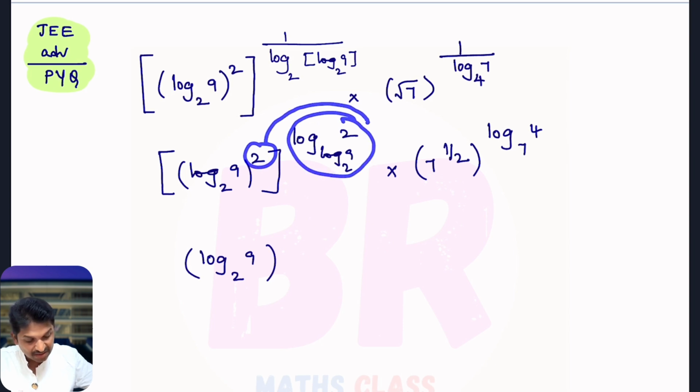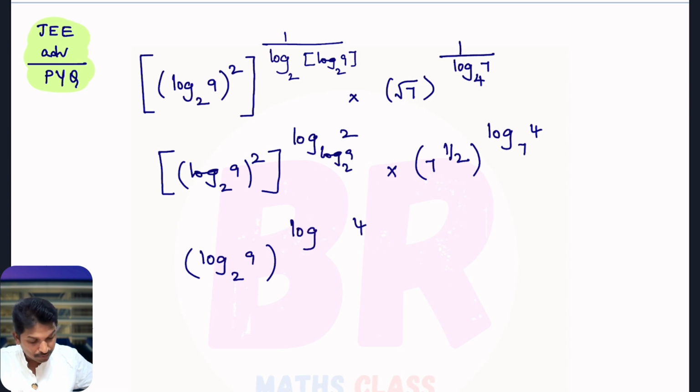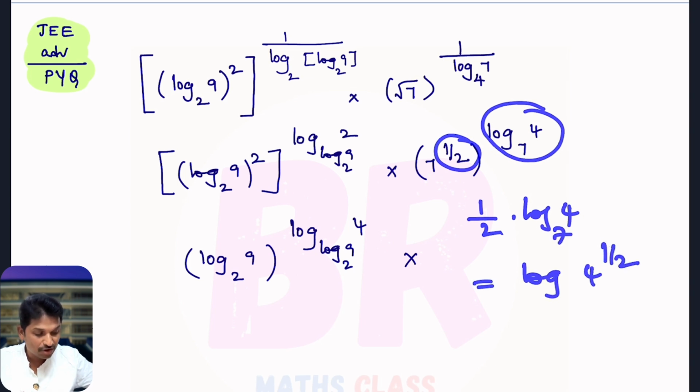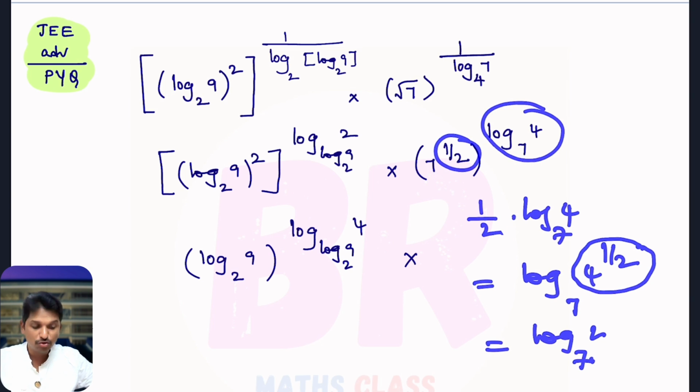When you multiply, this will become 2 square. So this is log 4 base log 9 base 2 into, when you multiply these two, this will become 1 by 2 into log 4 base 7. That is logarithm of 4 power 1 by 2 base 7. This is nothing but root 4. Root 4 is nothing but 2. So this will become log 2 base 7.